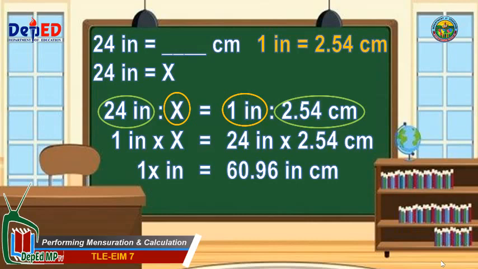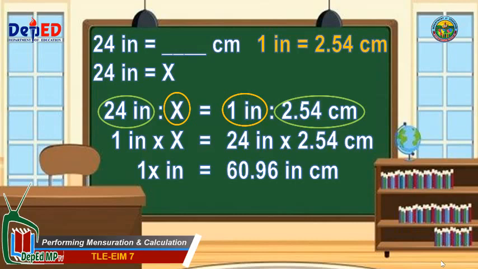Now we multiply. 1 inch times X is equal to 1X inch. How did that happen, you might ask? In the rules of math, when you multiply a number and a letter, which is called a variable, we just put them side by side.